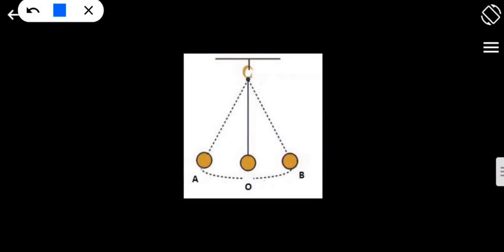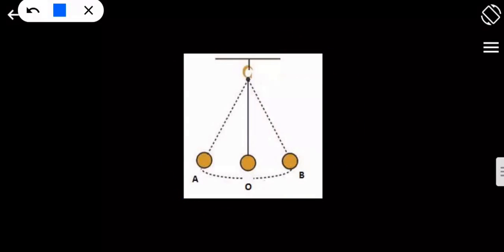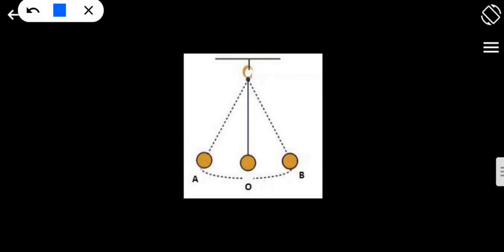And one more thing, for a perfect oscillation, you need two things to be very perfect. What is that? The string should not be very flexible. If it is flexible, then while oscillating it will move like this, so you will not get a perfect oscillation.